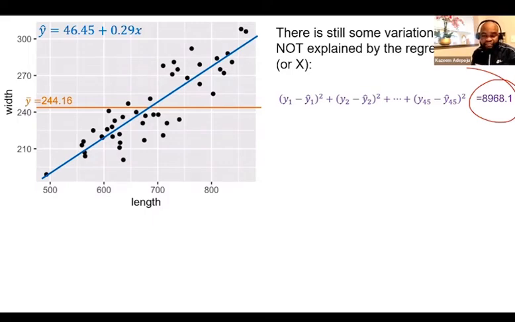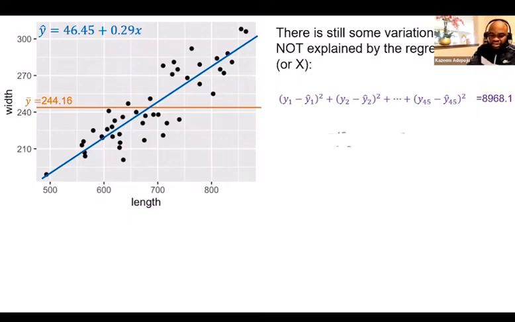The unexplained variation, the variation that cannot be explained by the nasal length of a kangaroo, is actually 8,968.1. That is exactly what we mean.